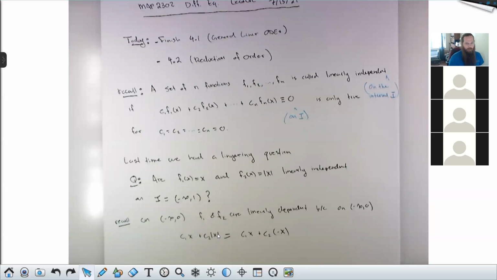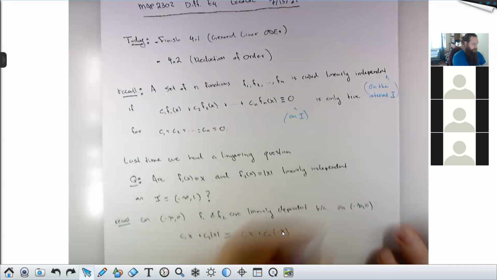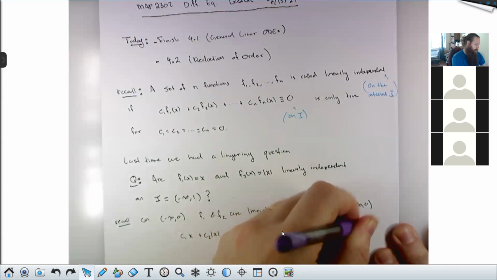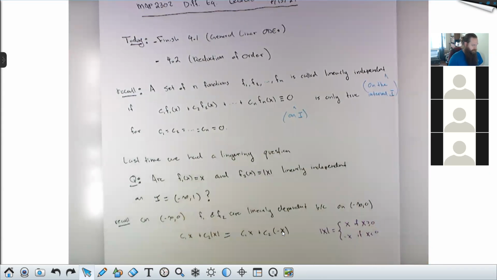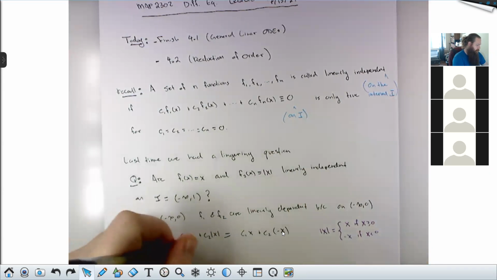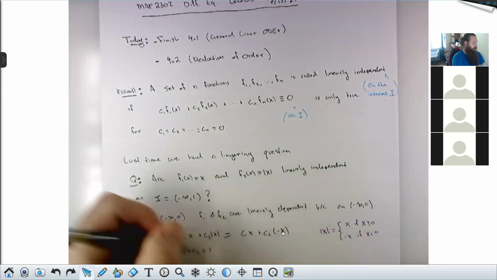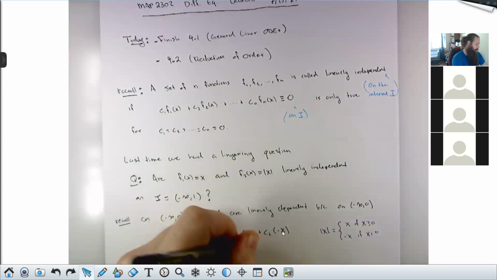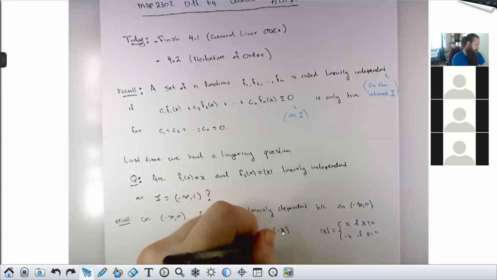If the input to the absolute value function is negative, the absolute value function just multiplies by another negative to make it positive. That's from the definition of the absolute value function. Absolute value is defined piecewise. So you could just take C1 and C2 to both be 1 to make this identically 0.